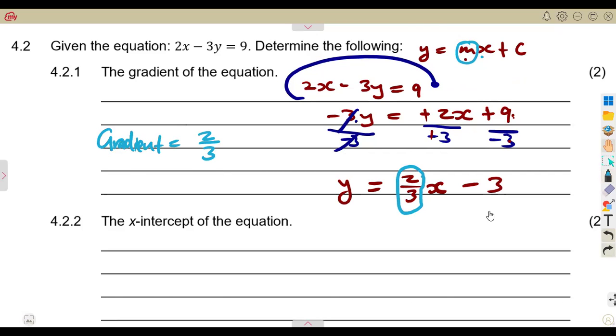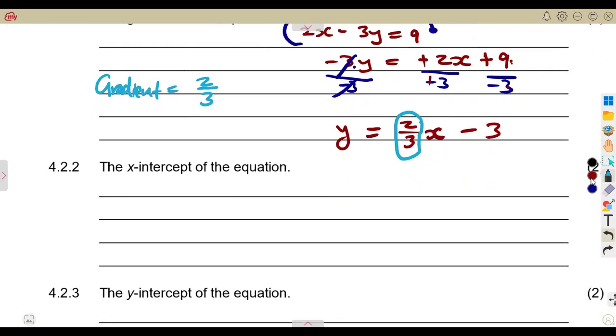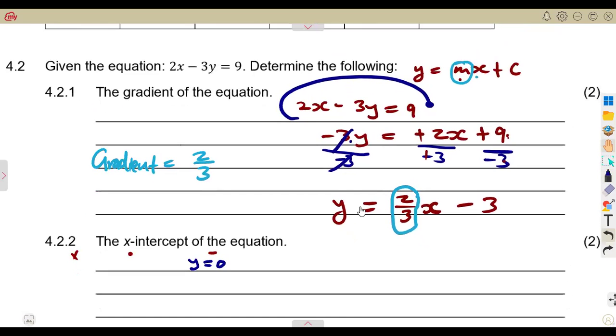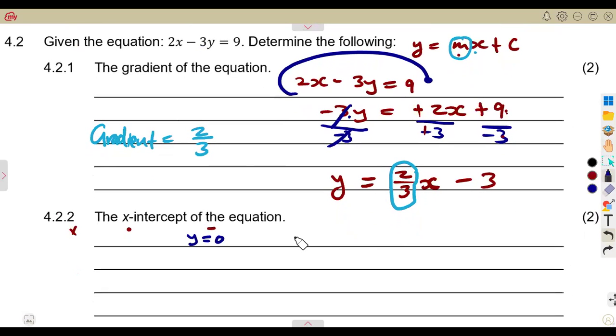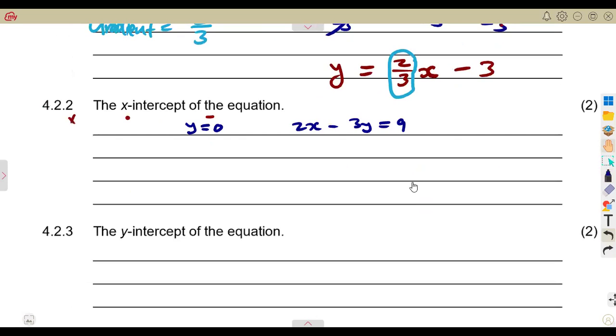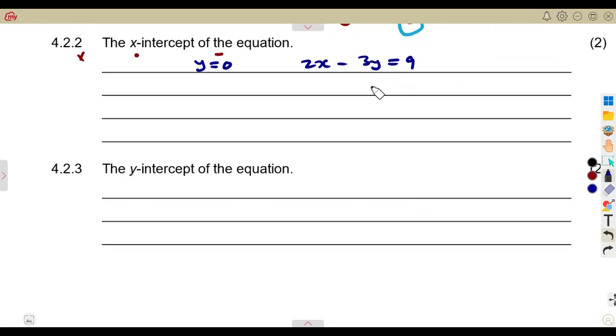So that's it. Then the other question, they want you to calculate the x-intercept of the equation. Remember, the x-intercept is on the condition where y is equal to 0. So if y is equal to 0, you can take the original equation as it was before, 2x minus 3y is equal to 9. What is important is that y is equal to 0 for the x-intercept.